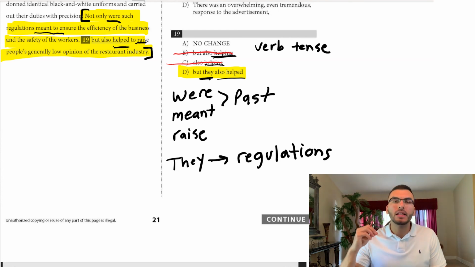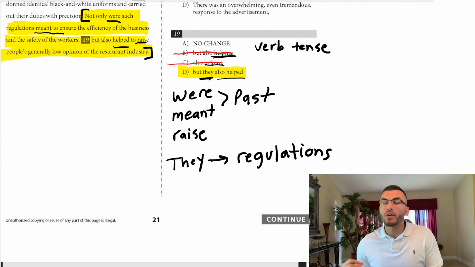So remember, it needs to be clear which noun the pronoun is referring to. Choice A doesn't even have a pronoun. It just says, but also helped. What also helped? They also helped. The regulations also helped. So that makes D the correct answer.